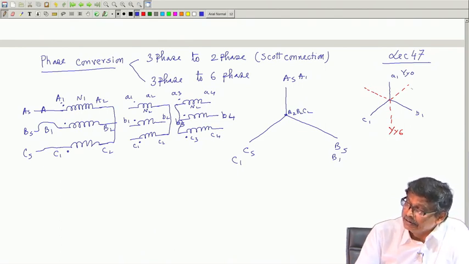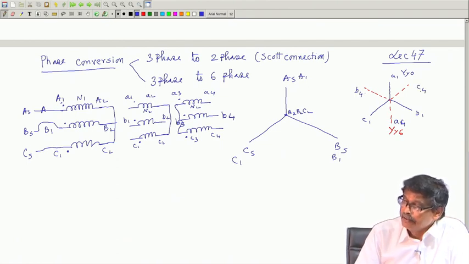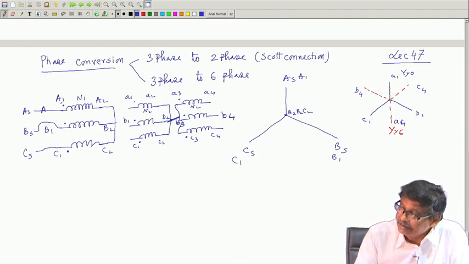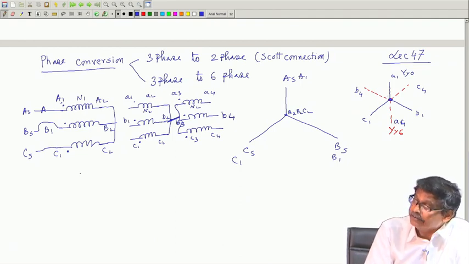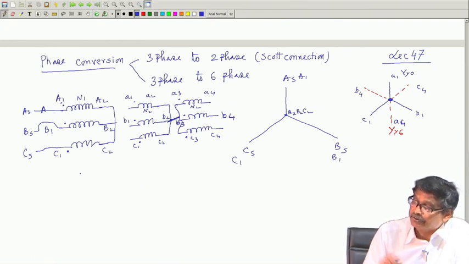Then the naming of these terminals will be A4, B4, C4, and then you join these two neutrals, you short these two. Then this point becomes a global neutral on the secondary side, where A3, B3, C3 and A2, B2, C2 are shorted.